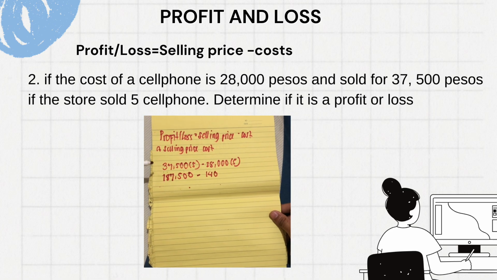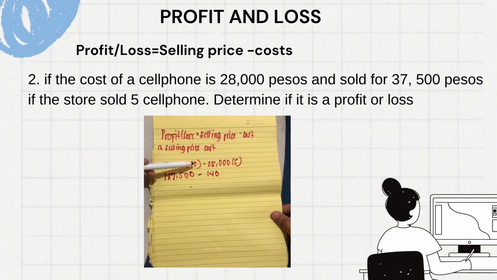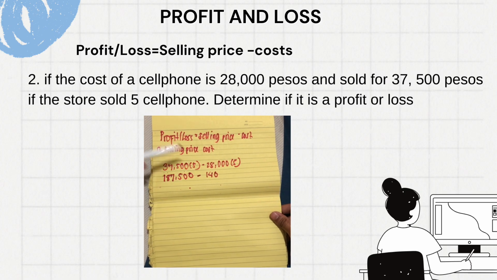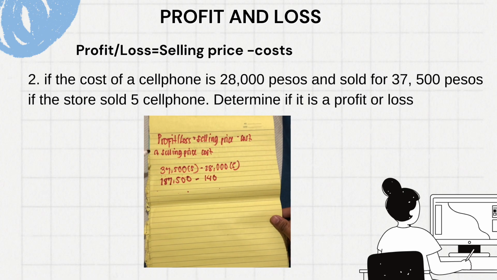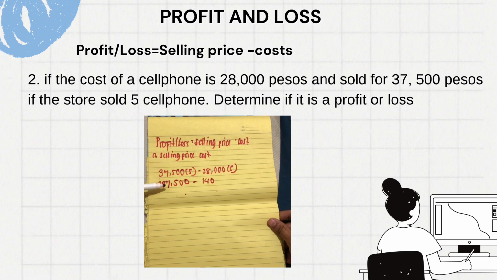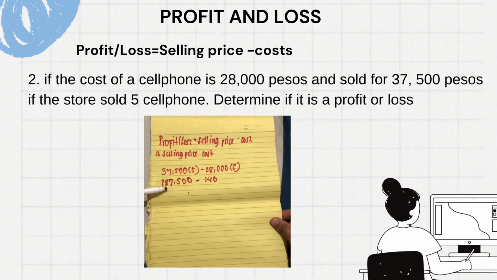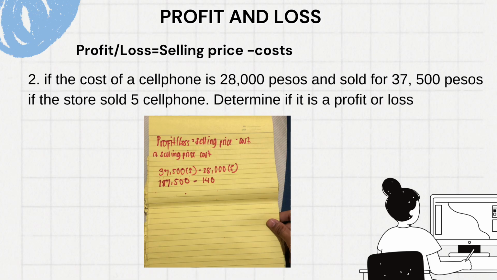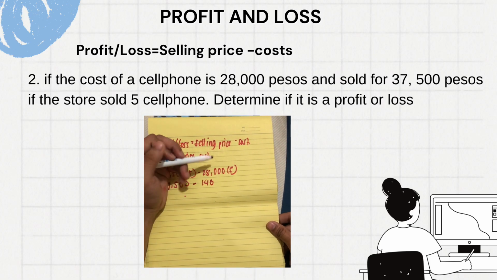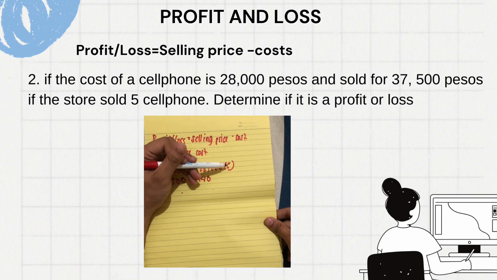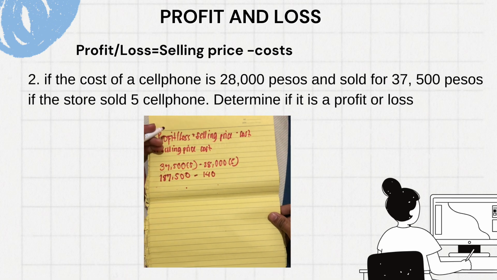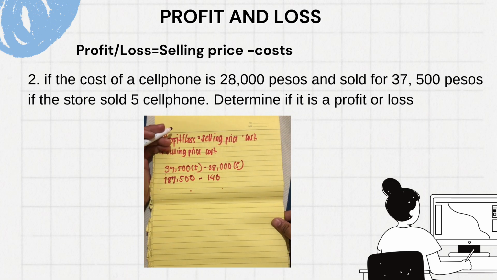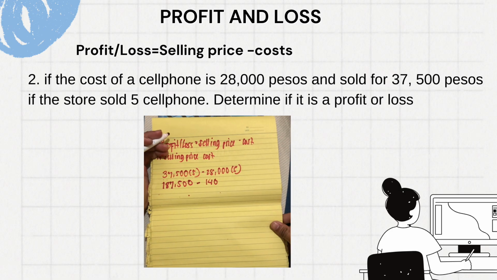So 37,500 multiplied by 5, using the calculator, the answer is 187,500 minus 28,000 multiplied by 5, the answer is 140,000.